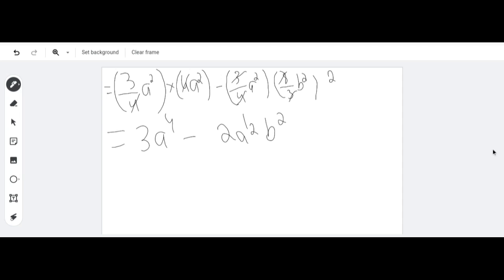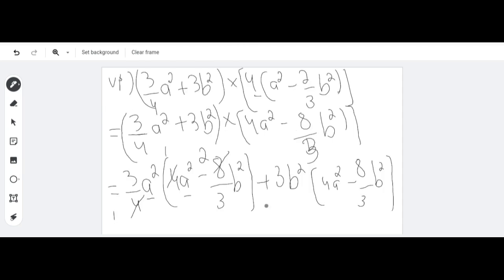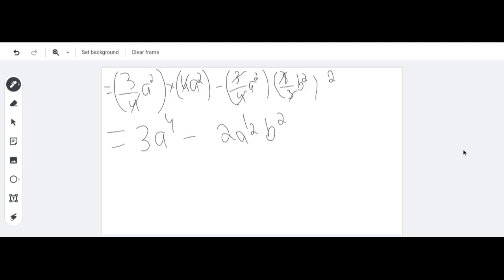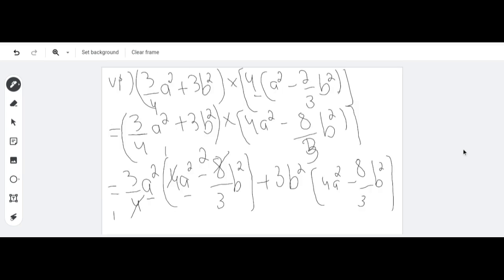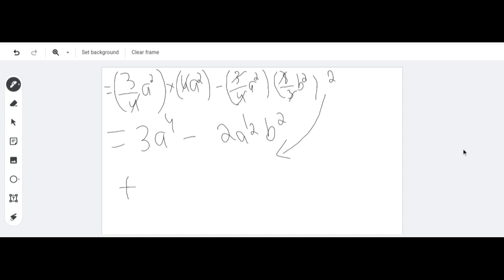You didn't understand? No, I understood. This is for this expression. Now I have to solve for the second one. I will write plus, and it will look like plus 3b square with 4a square, and then minus 3b square with 8 by 3 b square.